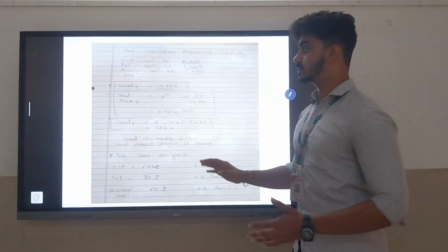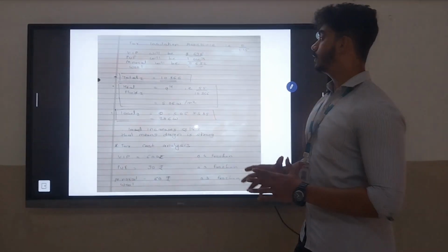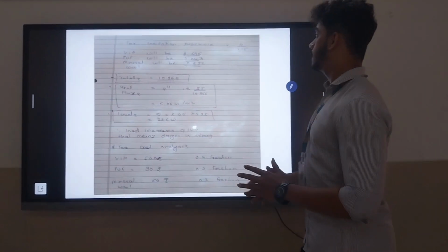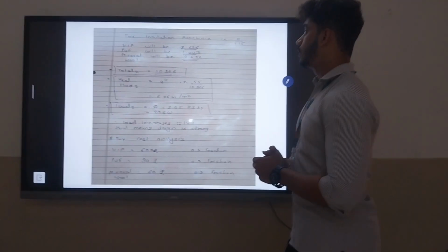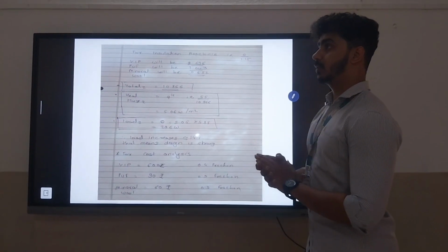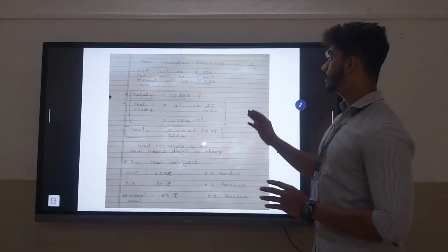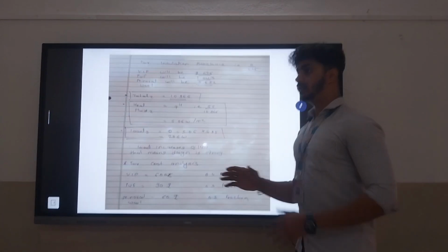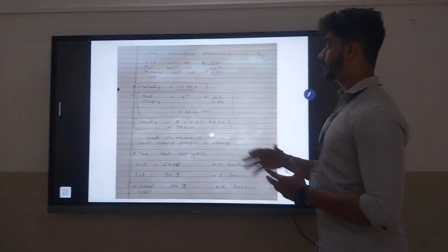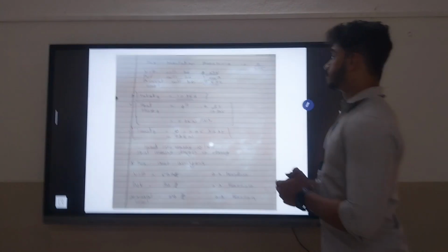For the alternative insulation resistance, VIP will now be 8.696 as we divide the resistance by 1.5, and the PUF will become 1.043 as well as the other layer will be 0.652. Making the addition, it becomes 10.866.